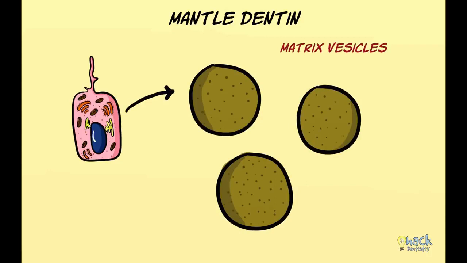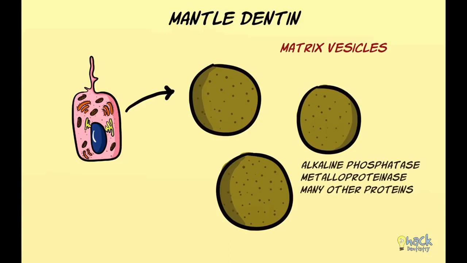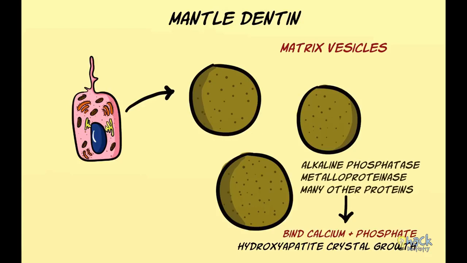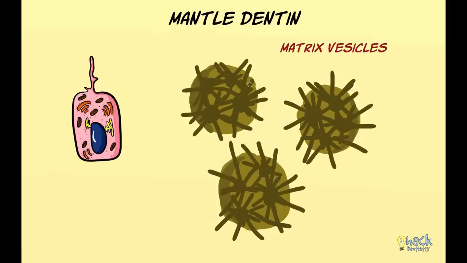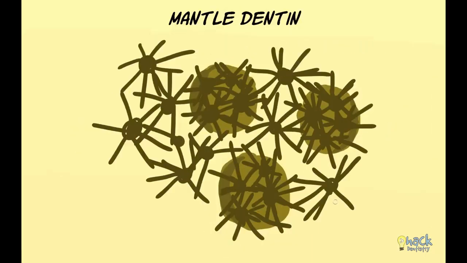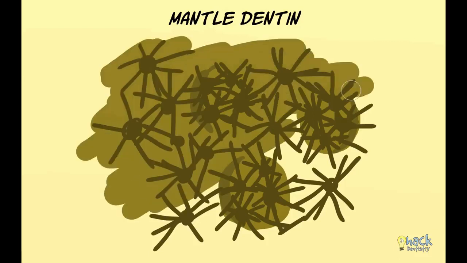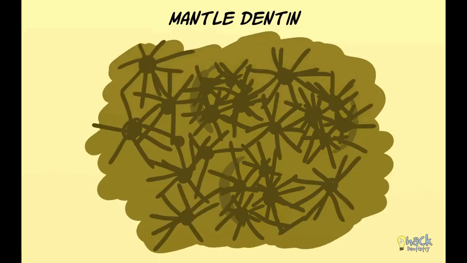Now these vesicles contain enzymes like alkaline phosphatase, metalloproteinase, and other proteins that can bind calcium and inorganic phosphate and initiate hydroxyapatite crystal growth. The seeds of growth are initiated within the vesicles, then rupture from the vesicles and are deposited in the matrix. These growing crystals further fuse with adjacent crystals and mineralize the entire matrix.